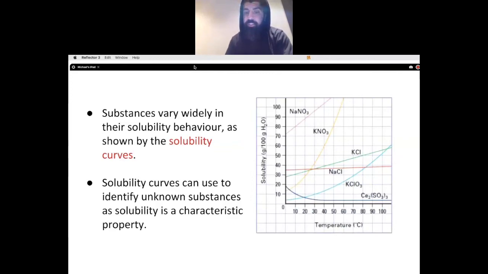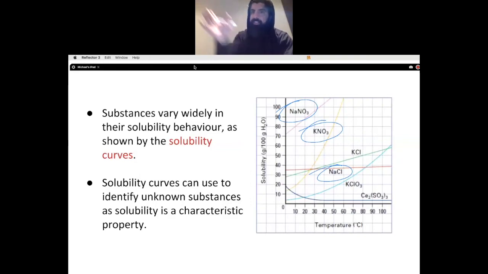If you notice here, sodium nitrate and potassium nitrate have rather steep solubility curves, meaning that as temperature increases, their solubility becomes great. However, look at something like sodium chloride. Its solubility pretty much plateaus. It doesn't increase much compared to some of the other ions.